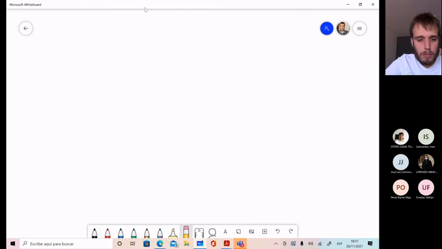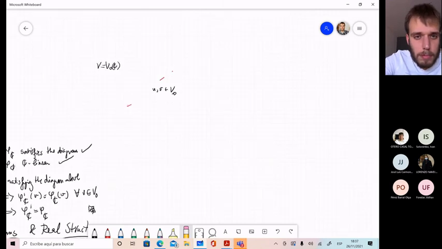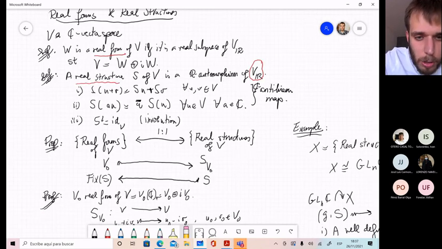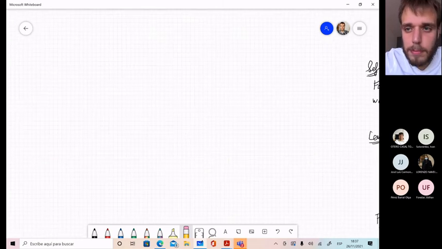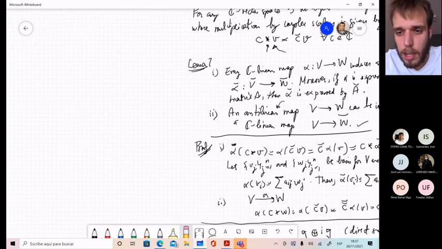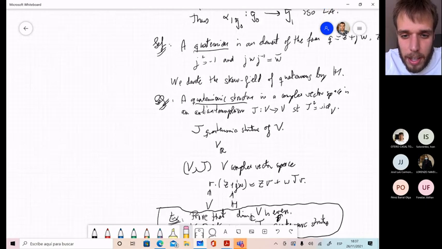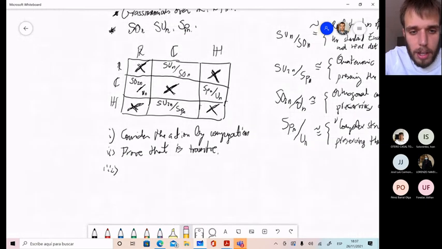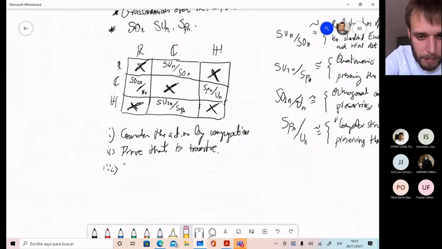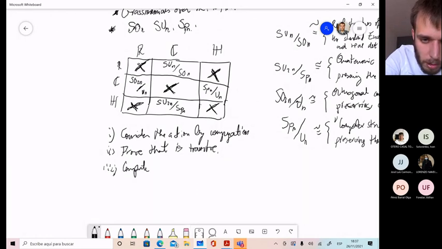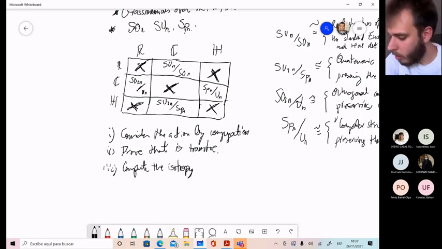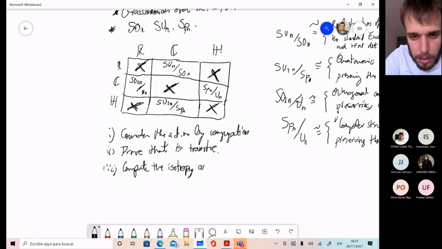Compute the isotropy at some well-known element.